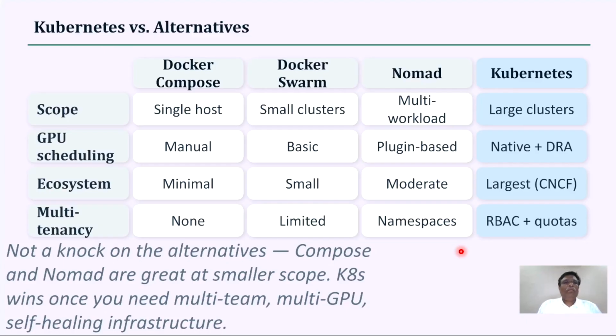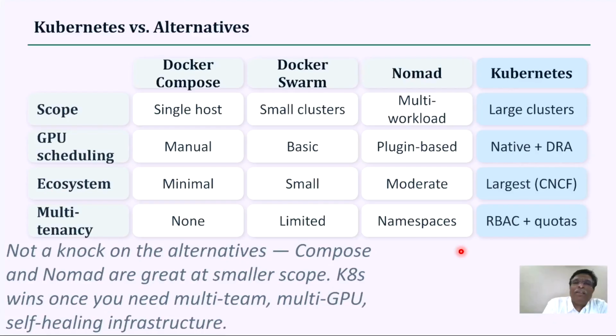Now there are certain other software which can be equivalent to Kubernetes in certain conditions. Docker Compose is one, Docker Swarm is one, Nomad is one, and Kubernetes is the other one. We are trying to understand certain alternatives, as to why we go with Kubernetes and why not with others.